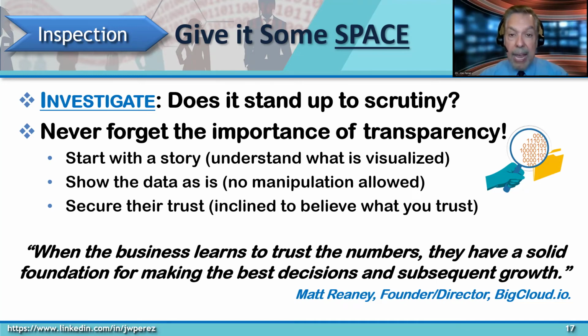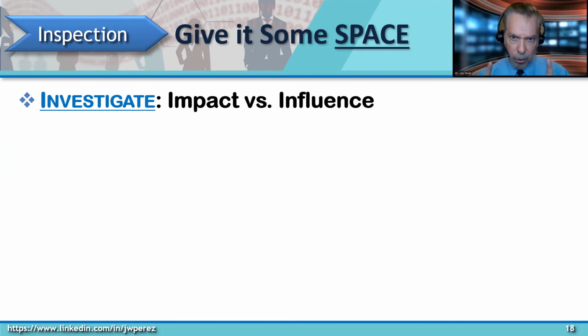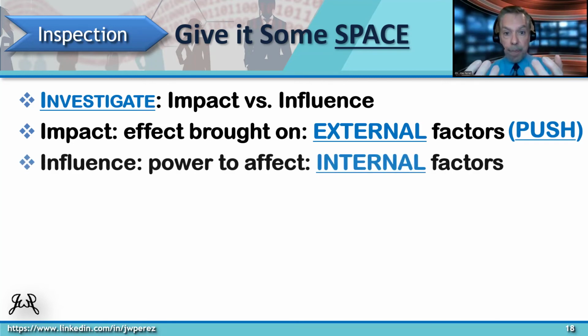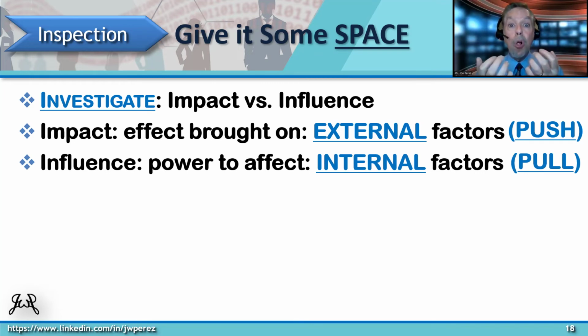up to inspection, it's important to be aware of the difference between impact and influence and how that plays into making data actionable. All right, impact is typically recognized as the effect brought on by outside forces that tend to push on your status quo. By contrast, influence is known to be the power to affect from internal forces that tend to pull on your status quo.